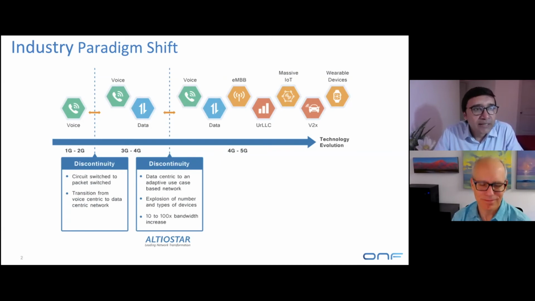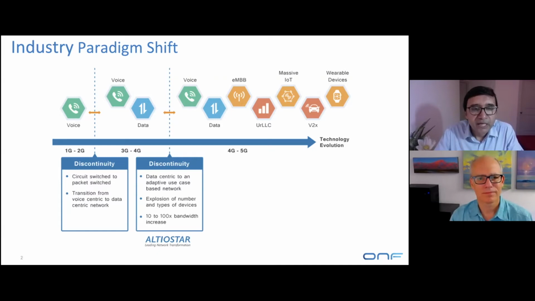Okay, so I'm going to start my presentation by first talking about our motivations for developing an open vRAN solution. As you are aware, there was a discontinuity when the networks evolved from 2G to 3G. There was a transition from voice-centric to data-centric networks, and that led to the emergence of packet core technology in the wireless networks, which was capable of supporting very high throughputs.